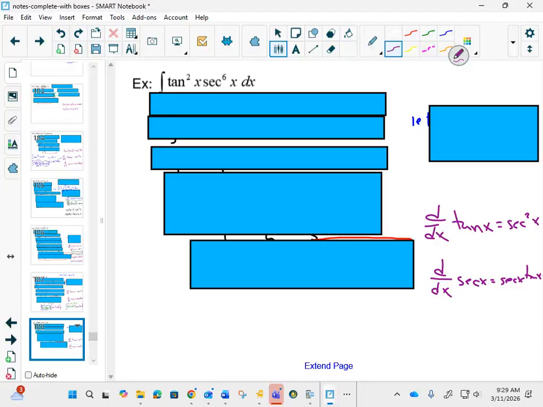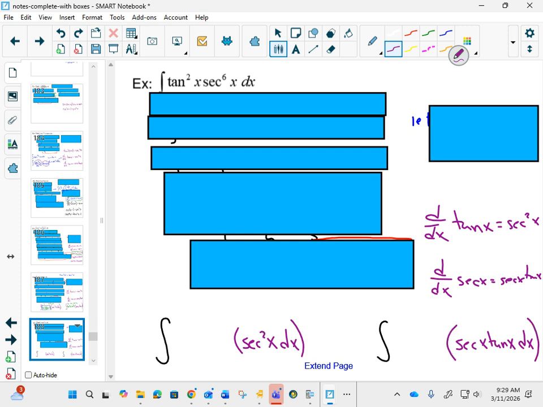I'm going to do one integral where I have that separated out. I'm going to do another integral where I have that separated out.